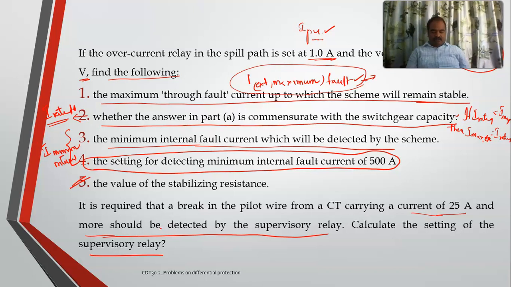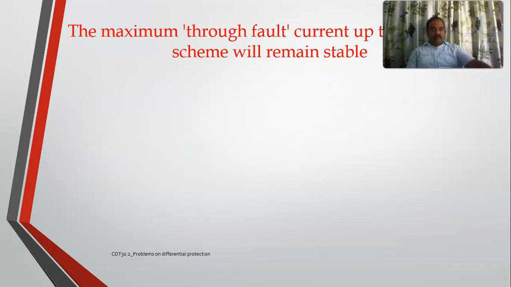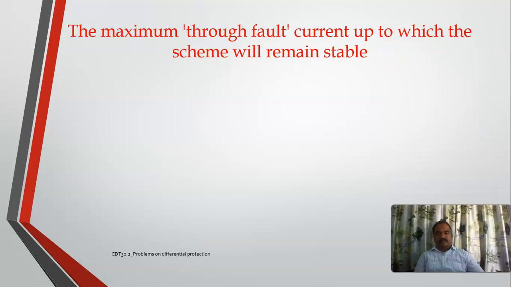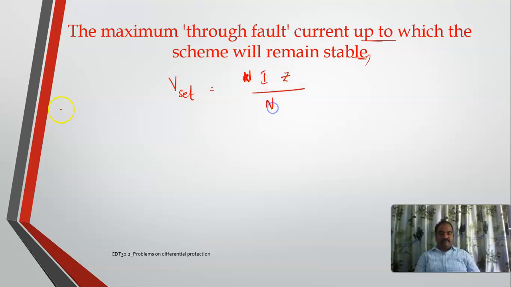Okay, I think you do remember the formula. Now let's try to apply each of the formula now. First of all, let's go with this external maximum fault currents, the 1 and 2 cases. See, this is the maximum through fault current up to which your system will remain stable. You do already have the formula, which we do have the setting voltage is equal to N into I into Z by N, right?